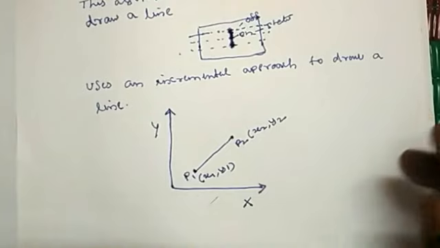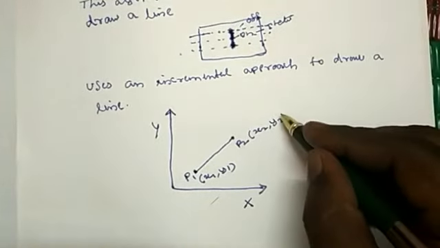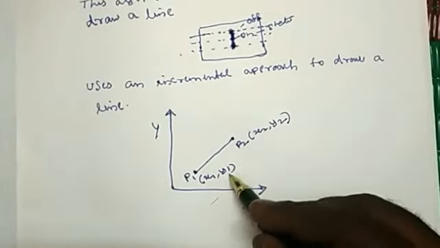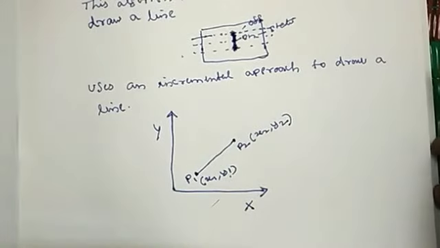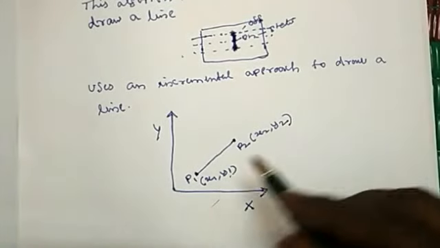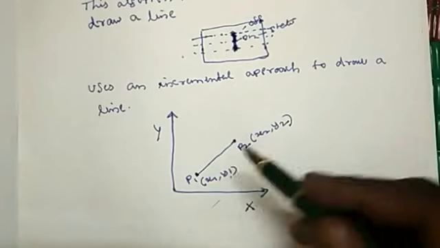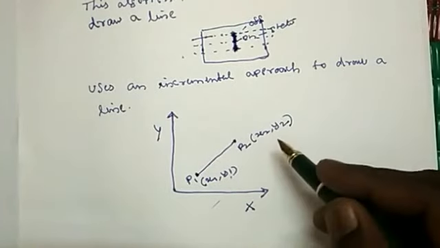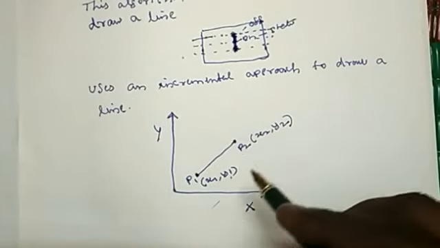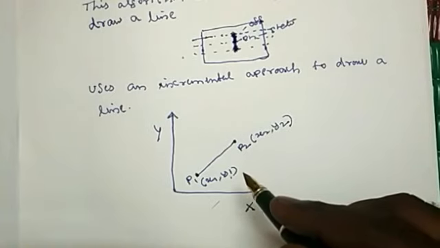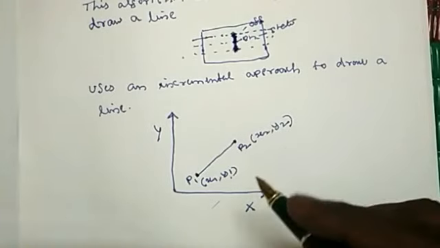Now you have two coordinates, x1, y1 and x2, y2. There are two coordinates, but a line is drawn from P1 to P2. So these two points are not sufficient to draw a line. You require more than these points to draw a line. So what do we have to do?